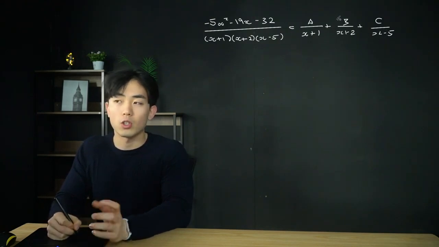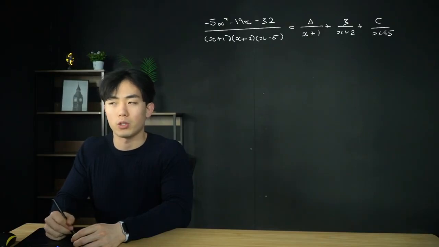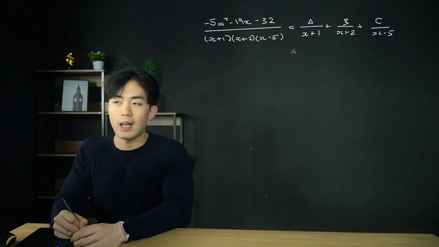One thing to note, it does not matter which of the fractions your a, b, c go above, because you can put a, b, c above whatever fraction you want, and you should get the same values all the time. Our next step is to combine this back into a single fraction.